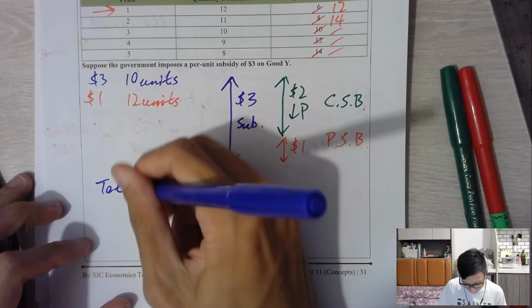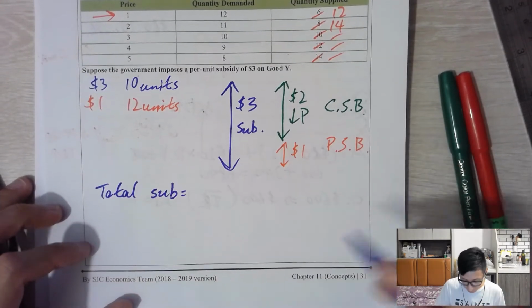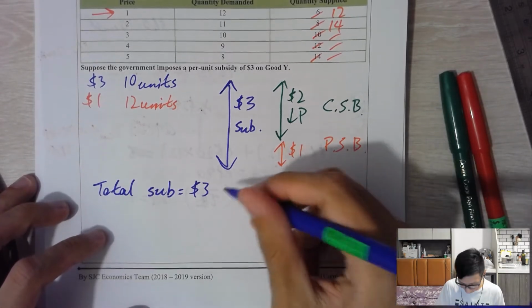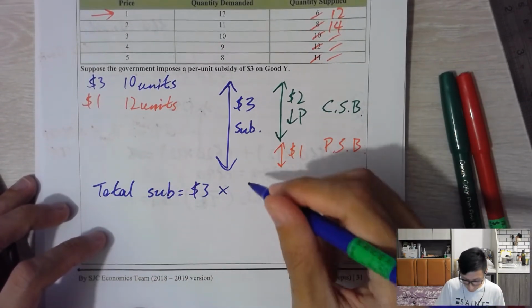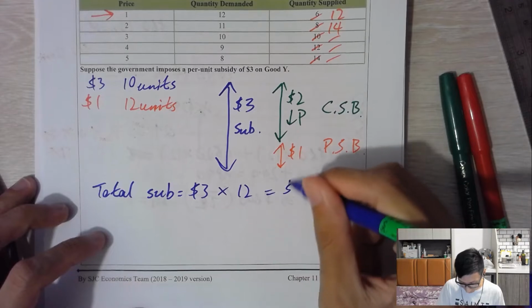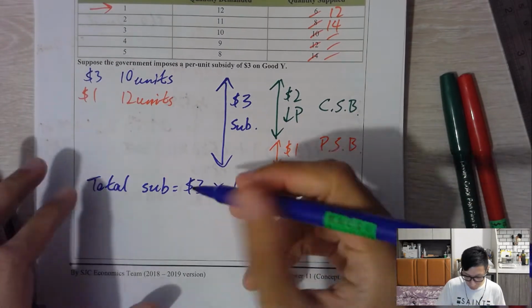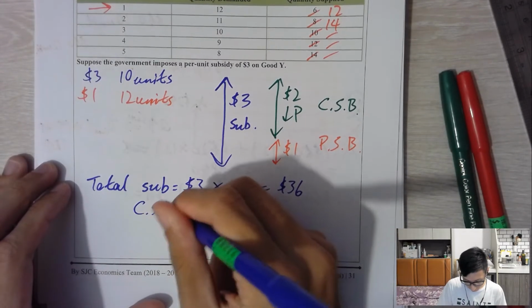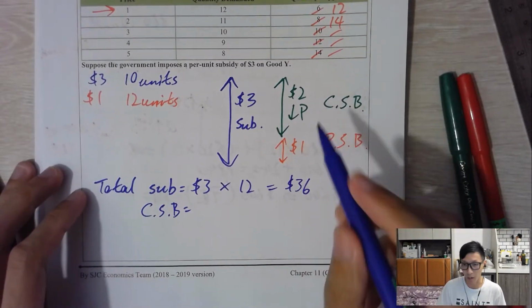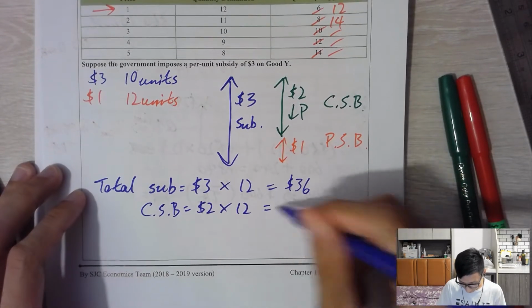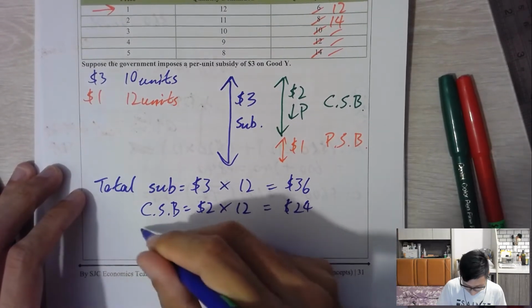Total subsidy. We know it's going to be $3 per unit, right? And we are doing 12 units. So that would be $36. For the consumer, we know that it is $2 times 12, 24.